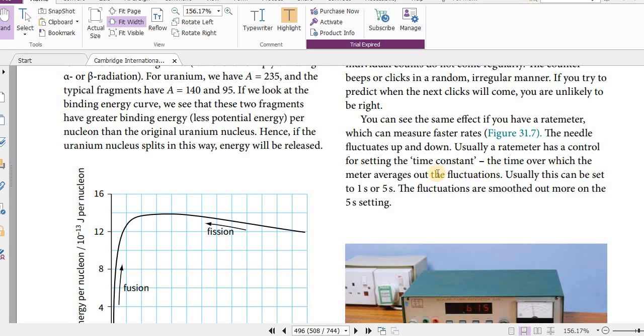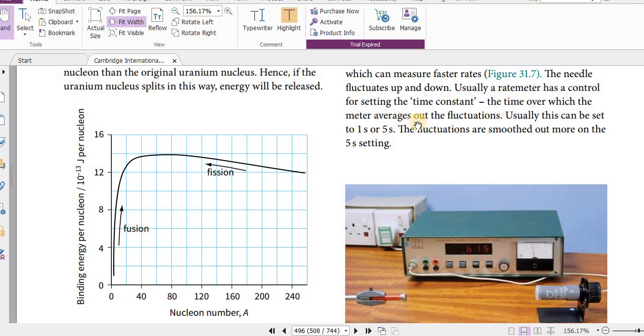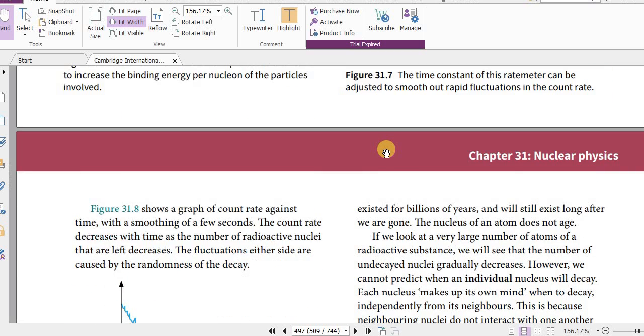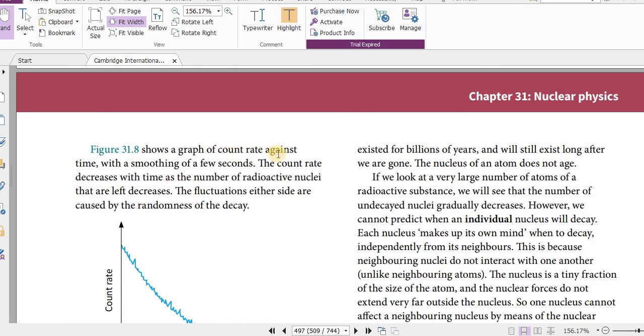Usually a rate meter has a control for setting the time constant, the time over which the meter averages out fluctuations. Usually this can be set to 1 second or 5 seconds. The fluctuations are smoothed out more on the 5 second setting. Figure 31.8 shows a graph of count rate against time with a smoothing of a few seconds.